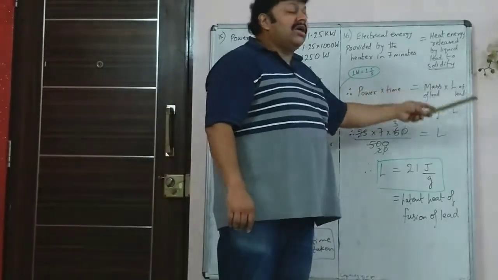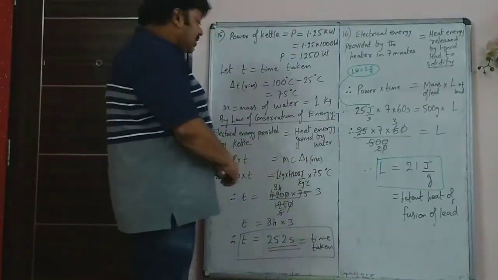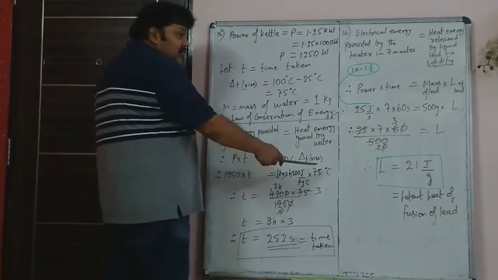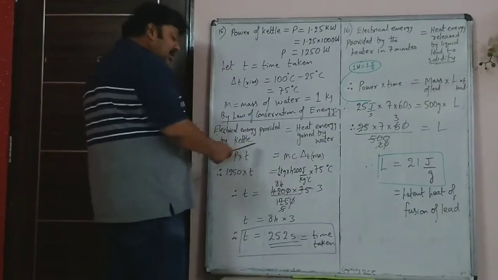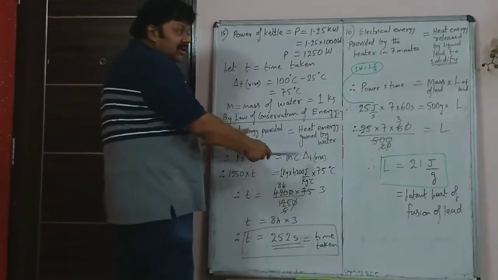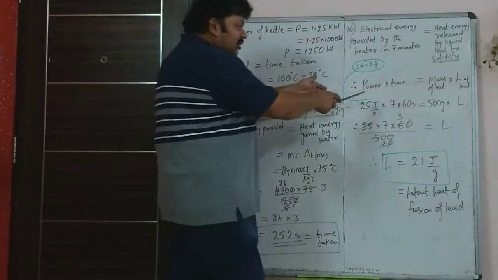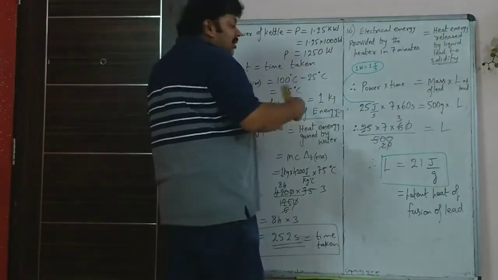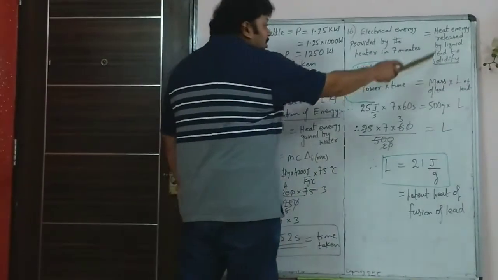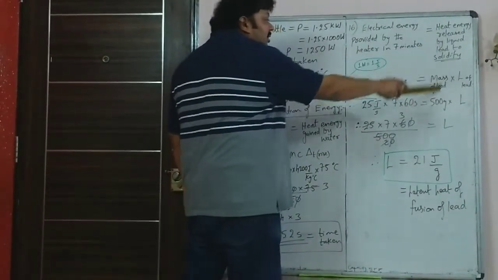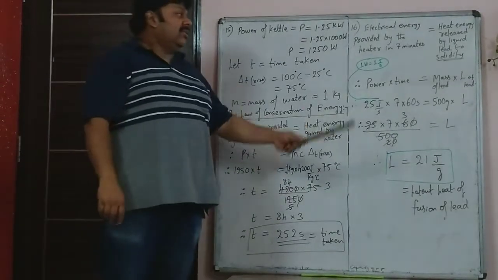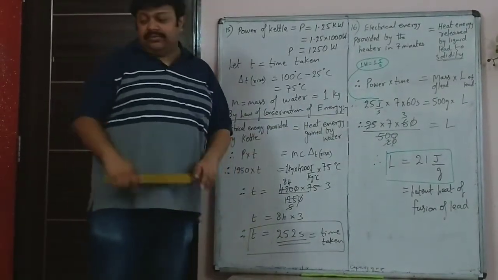So you are not using mc delta T. In the earlier case, there was a rise in temperature by 75 degrees Celsius, so you used mc delta T. Again, power into time, energy, was equal to mc delta T. Here, energy, that is power into time, is not mc delta T, it is m into LF. Remember, whenever there is a change in state, there is no rise or fall in temperature. It will be mass into latent heat.